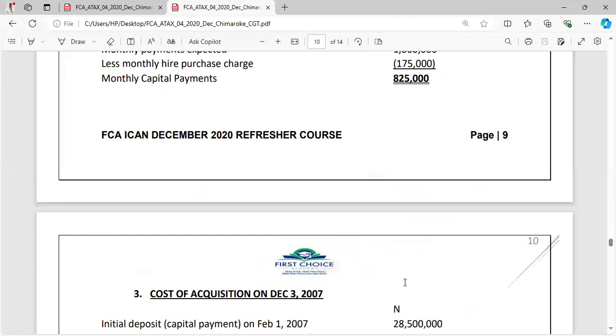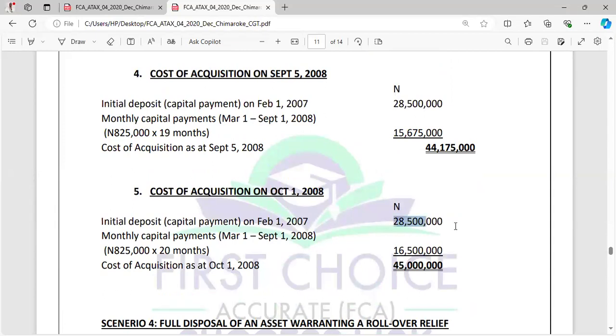Initial deposit is 28,500,000. Monthly capital payments, sorry, this should be October 1, not September 1. And now that is for 20 months. When you multiply the capital payments for 20 months, you get 16,500,000.